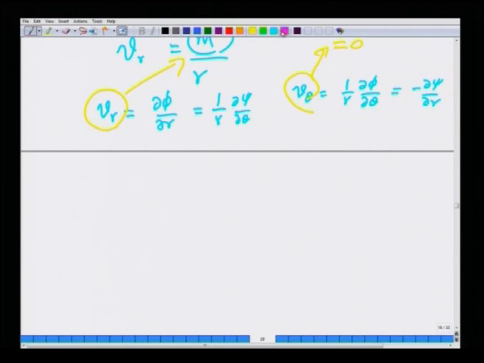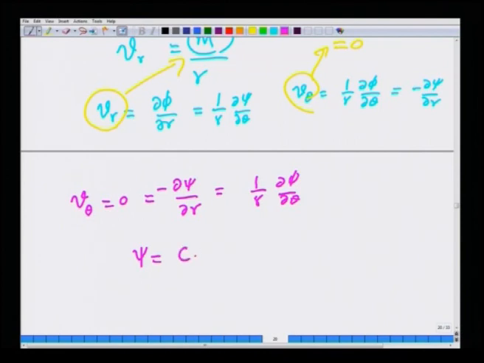So, V theta is 0, that means partial psi by partial r is 0, because V theta is minus partial psi by partial r, that is also equal to 1 over r partial phi by partial theta. So, if I integrate this with respect to r, I will get psi is some constant which is a function of theta.